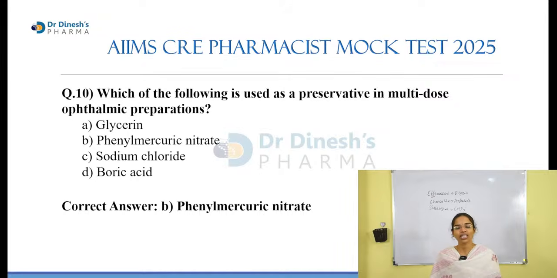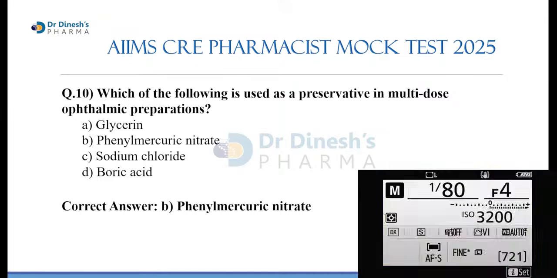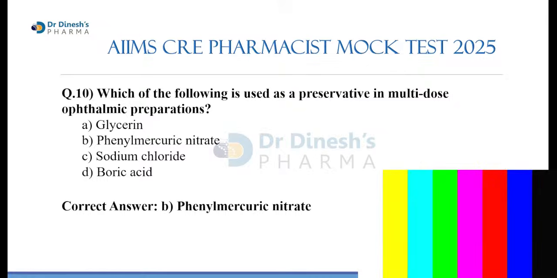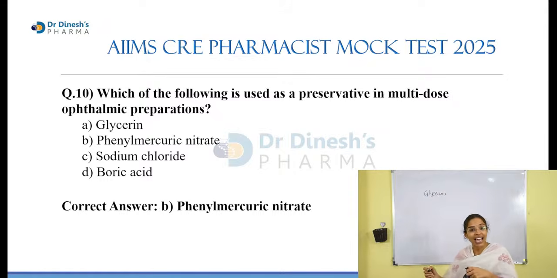And what are the remaining options here? Glycerin. So what is the function of glycerin in an ophthalmic preparation? It is a viscosity enhancing agent in ophthalmic preparations.